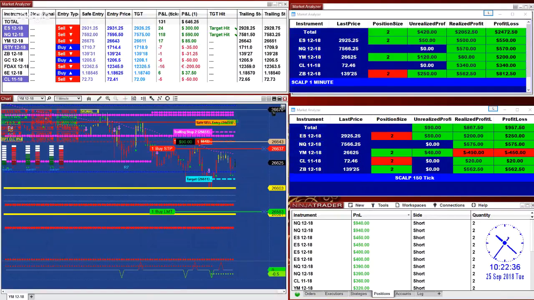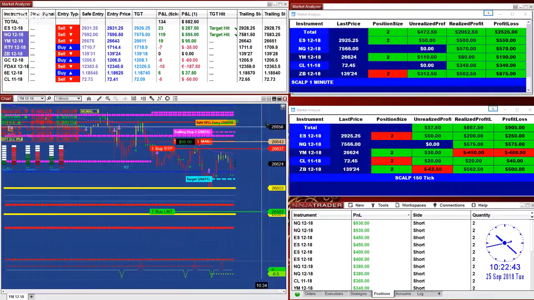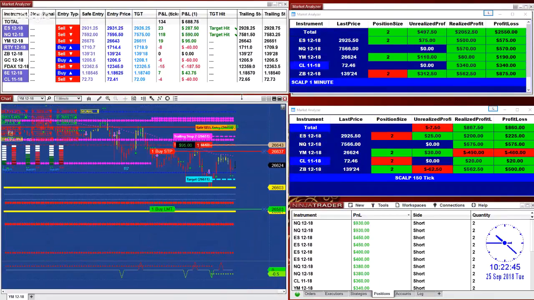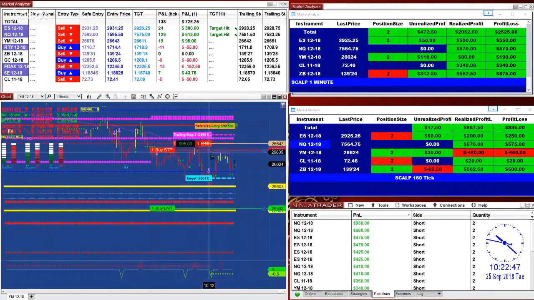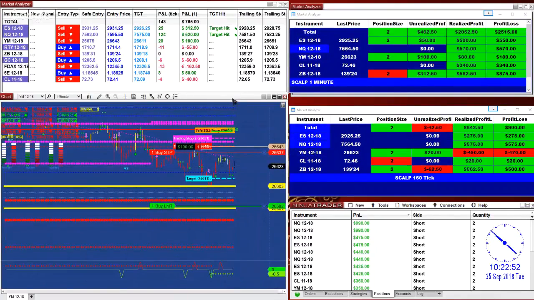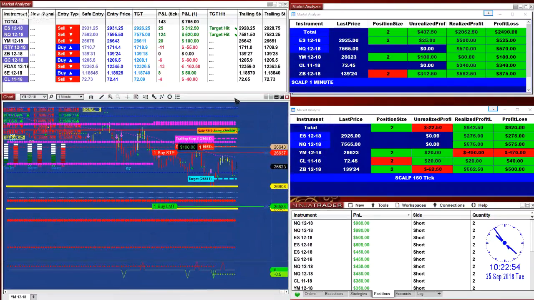I mean, you don't have to be glued to the screen, but you have to recognize when there is a problem, and just keep your eye on it, see what's going on, and the bar movement.